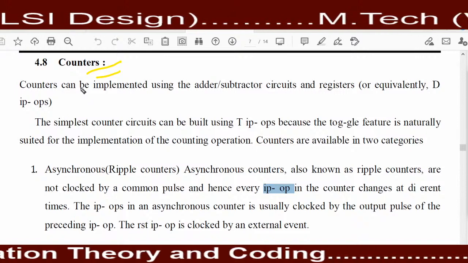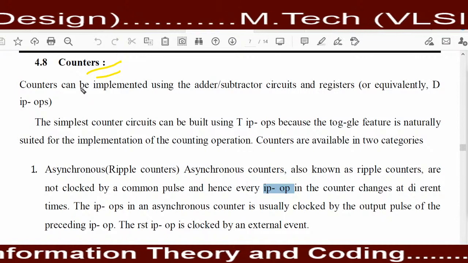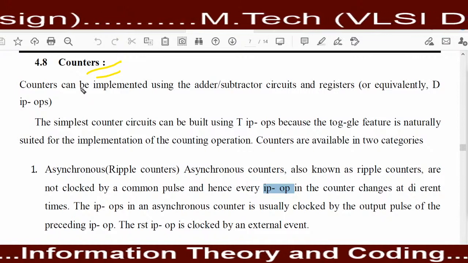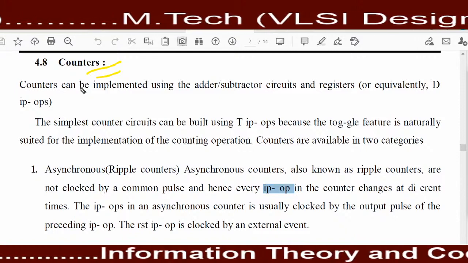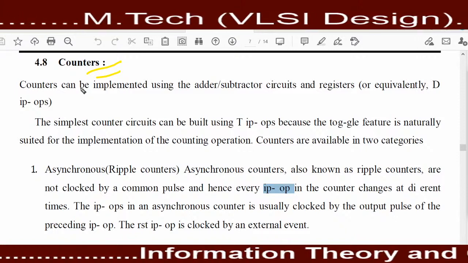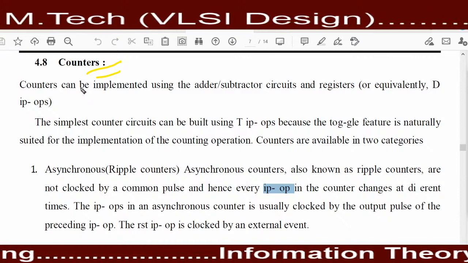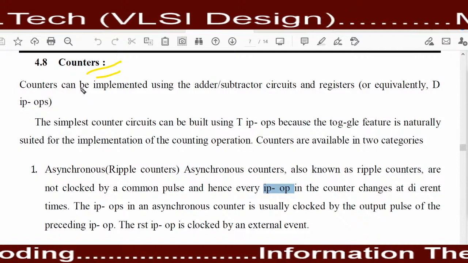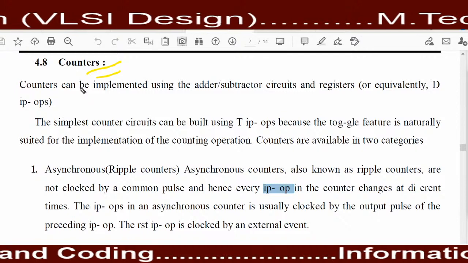And how can we make these logic gates? These logic gates are nothing but a combination of transistors. So it means that the transistor is the smallest element through which we can generate any type of counter. Or in a broad way we can say, when we attach several flip-flops in series, then we will get the counter circuitry.